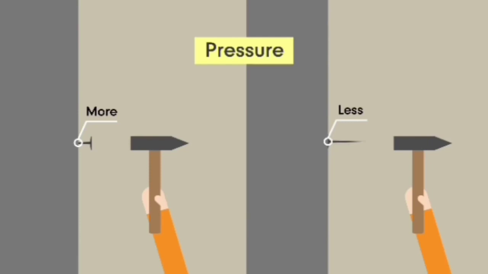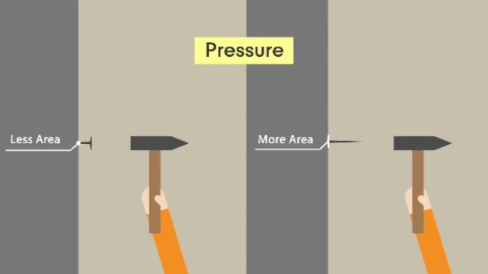First, notice that the area of the tip of the nail is very less as compared to the area of the flat surface. This tells us that the area of the surface on which the force is applied matters. We will discuss this in detail, but first let us define pressure.